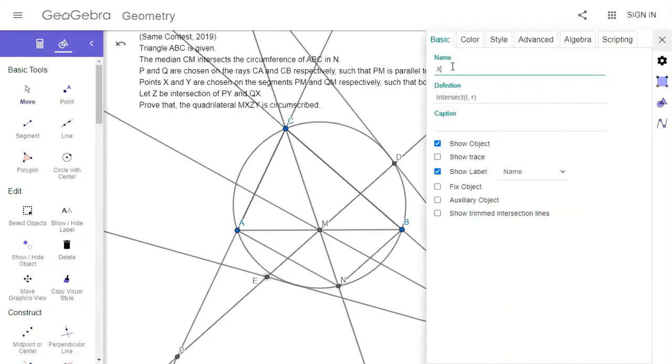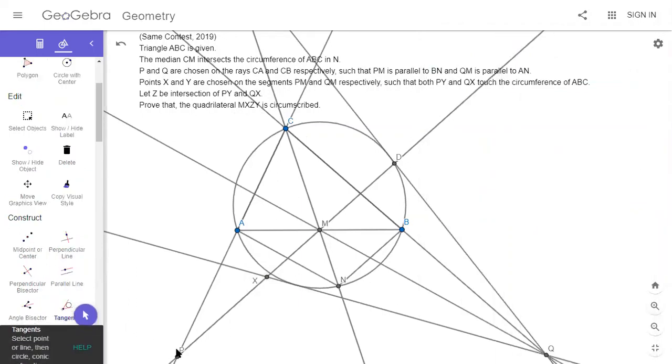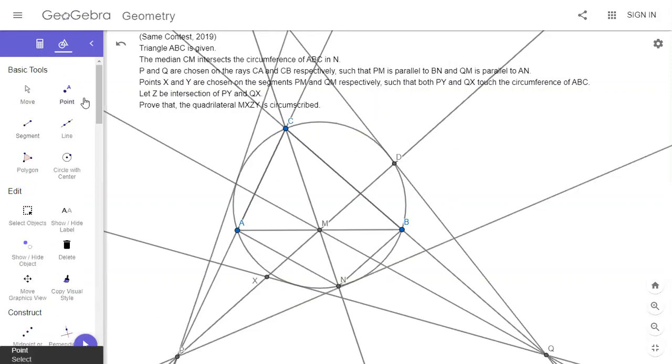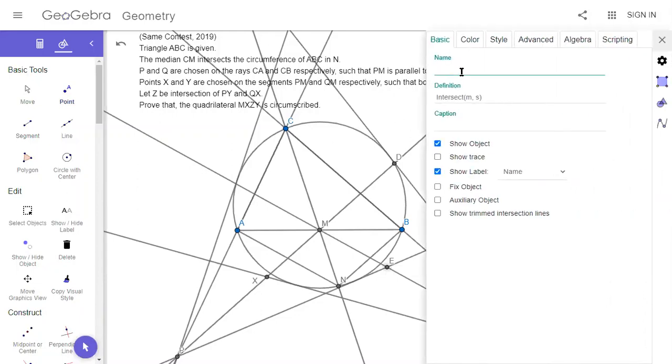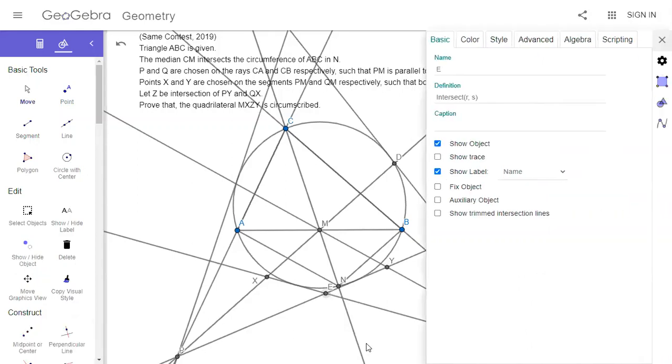And then this is Y. Wow, this is a hard question, or looks hard. And Z is the intersection of PY and QX. So this guy right here is Z. And we want to show that MXZY is cyclic, but it doesn't look cyclic.